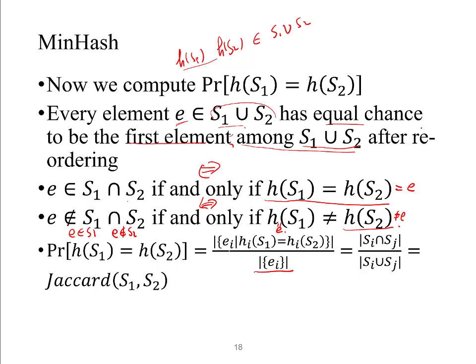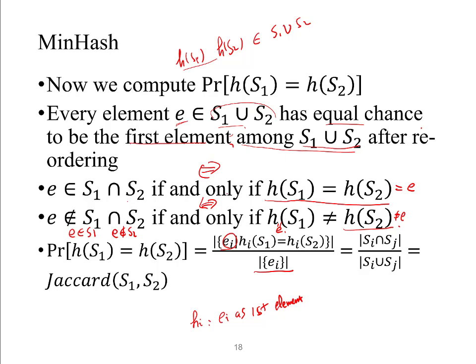And here are those EI that make HI, for HI, meaning we use EI as the first element. Right. So the divider, this part is those EI that have the HI of S1 equal to HI of S2.